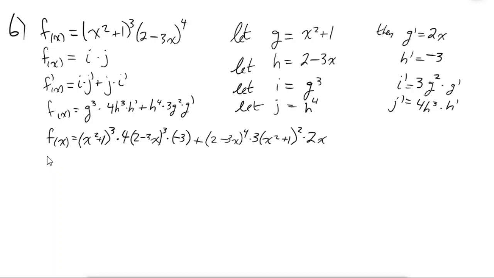So given this, when we multiply it all out, we find that our derivative of f is equal to, well, 4 times negative 3 gives me negative 12, multiplied by x squared plus 1 to the power of 3, and 2 minus 3x to the power of 3, plus 3 times 2x, which gives me 6x, multiplied by 2 minus 3x to the power of 4.